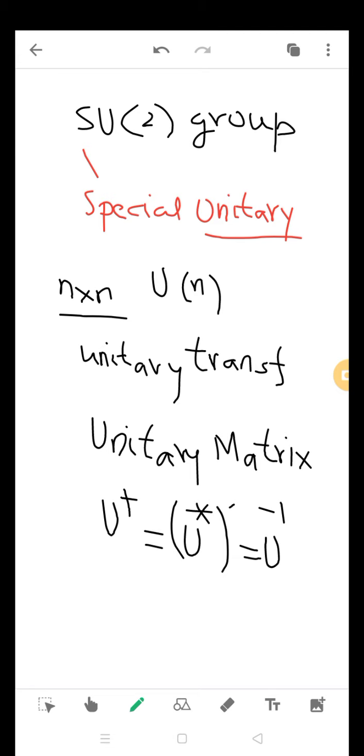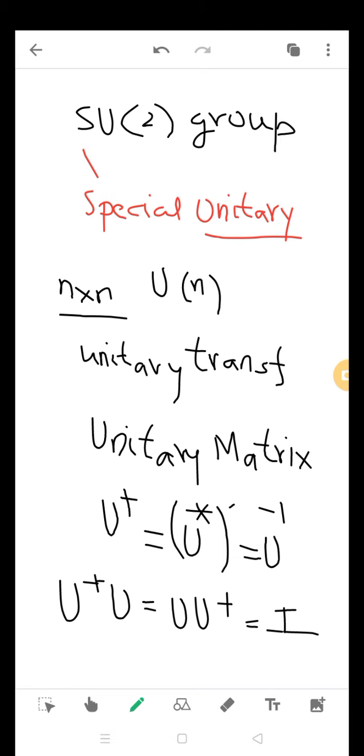Then we can call it a unitary matrix, or it can be represented as U dagger U equal to U U dagger equal to I. I stands for the identity matrix.